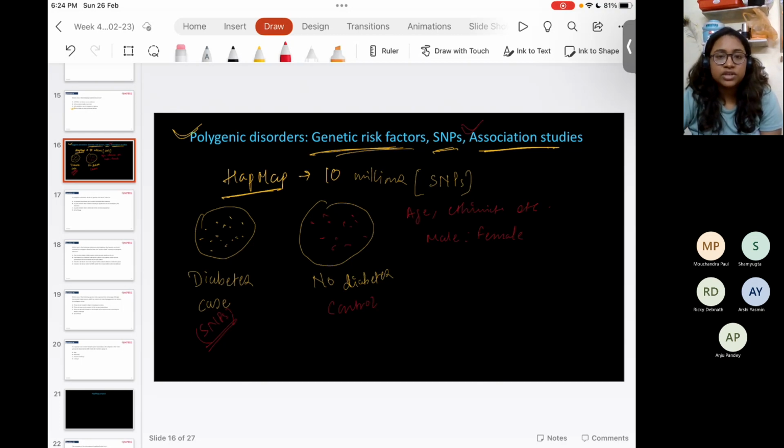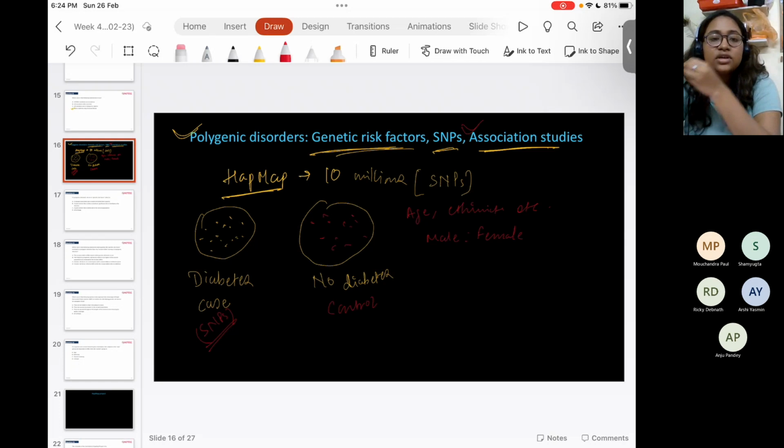It uses a statistical method to find a relation between a particular allele and a particular disease phenotype. These association studies involve a large population, because only then will they statistically get good results.